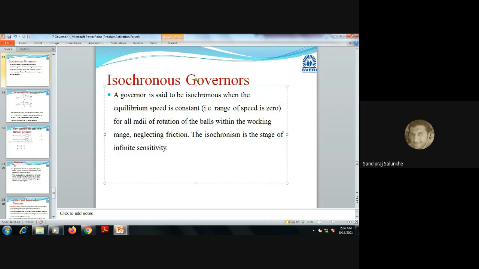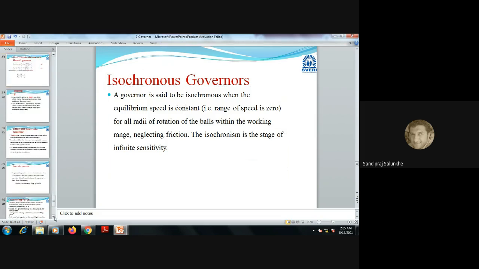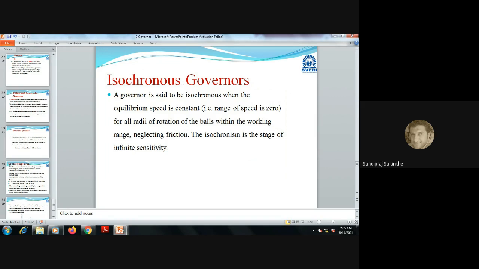Radius कितीही वाढली किंवा कमी झाली तरी अप्पर आणि लोअर स्पीड कॉन्स्टंट पाहिजे within the working range, neglecting the friction. This isochronism is a state of infinite sensitivity, which is impossible or not practical. That's why these governors are ideal governors, that is isochronous governors.